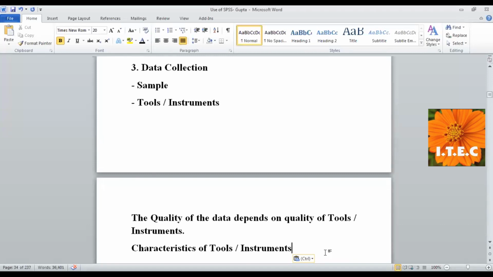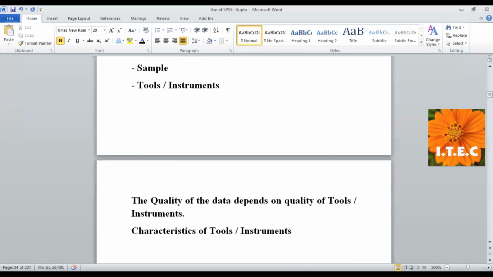So whatever the instrument or tool we are using, whatever the variable that we are trying to measure or assess, the data quality will depend upon the quality of the tool. So we must try to understand the different characteristics of the tool or the instrument.